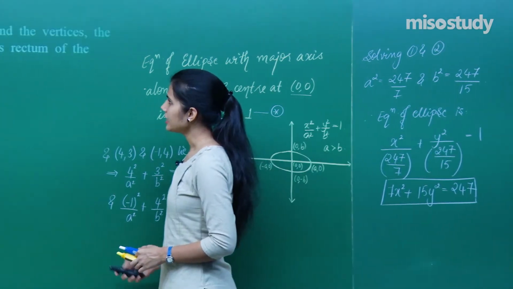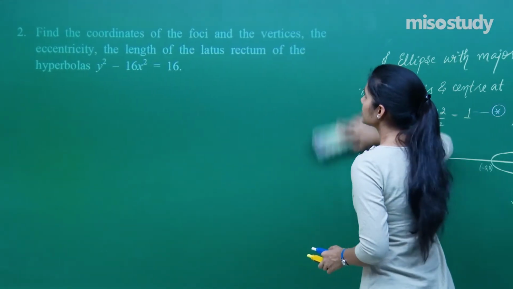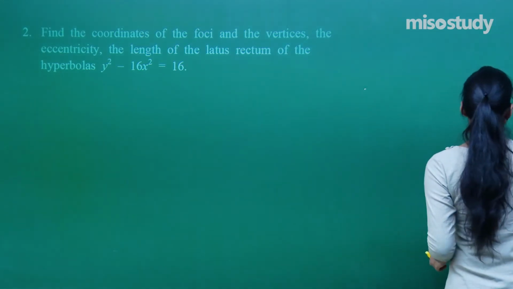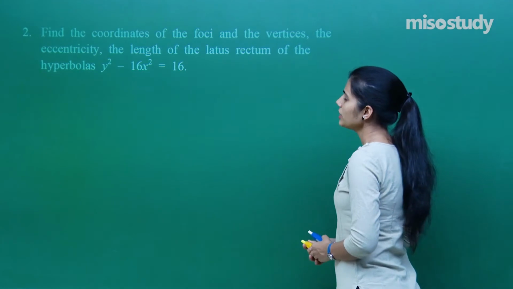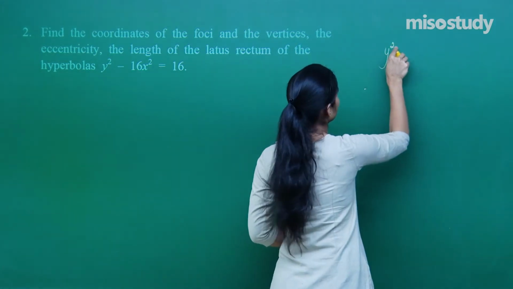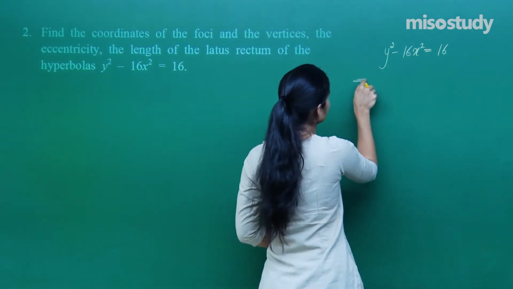Next question says find the coordinates of the foci, vertices, eccentricity, and also the length of the latus rectum of the hyperbola y square minus 16x square equals 16. If you have y square minus 16x square equals 16, I can divide throughout by 16.